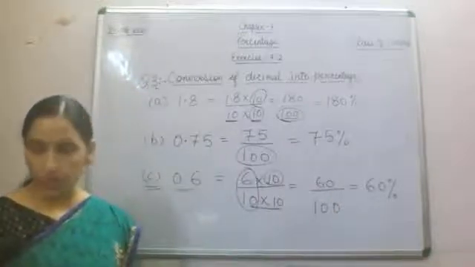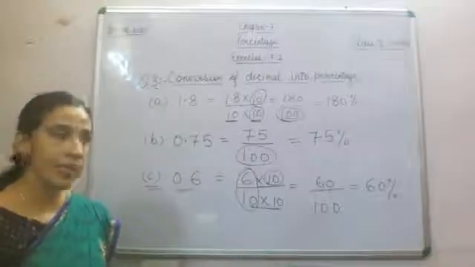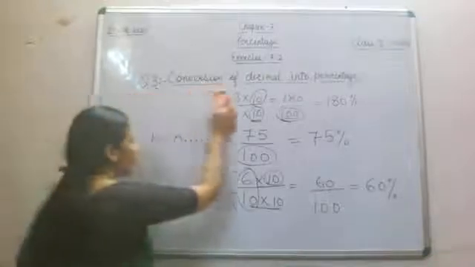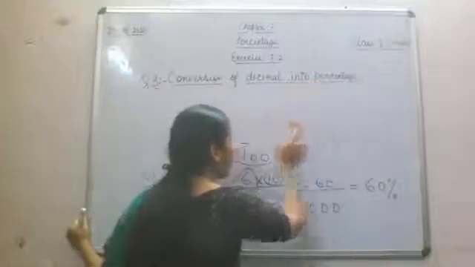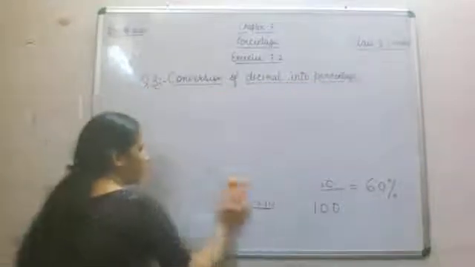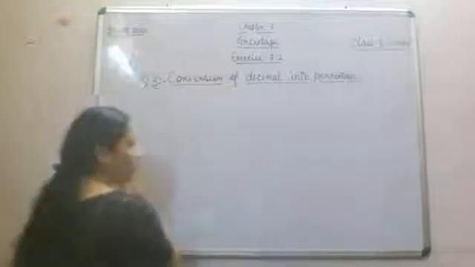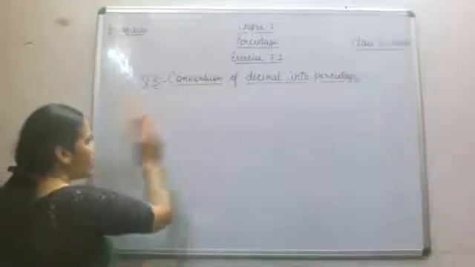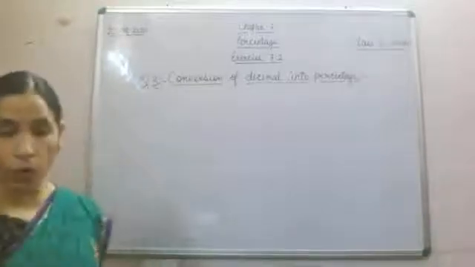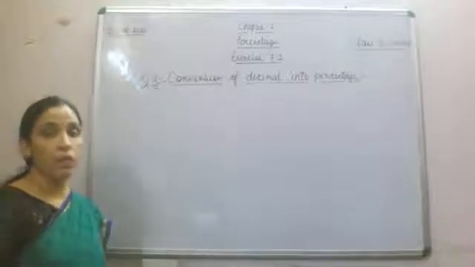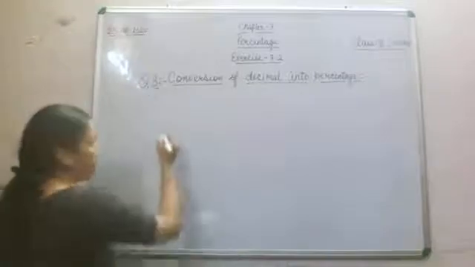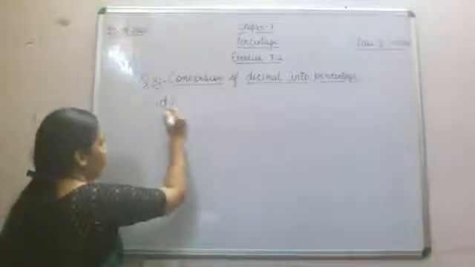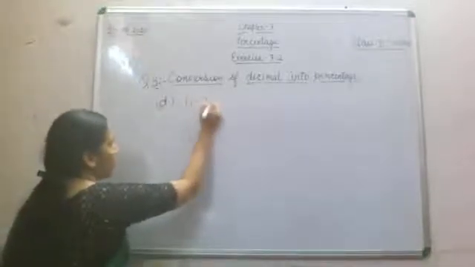So let's start D part of this same question number 3 of this exercise 7.2. See children, these questions are quite easy. Only the steps you have to remember, how we have to change it. What will be the first step, what will be the second step, what will be the third step. Now see here, what is the first step in this question?